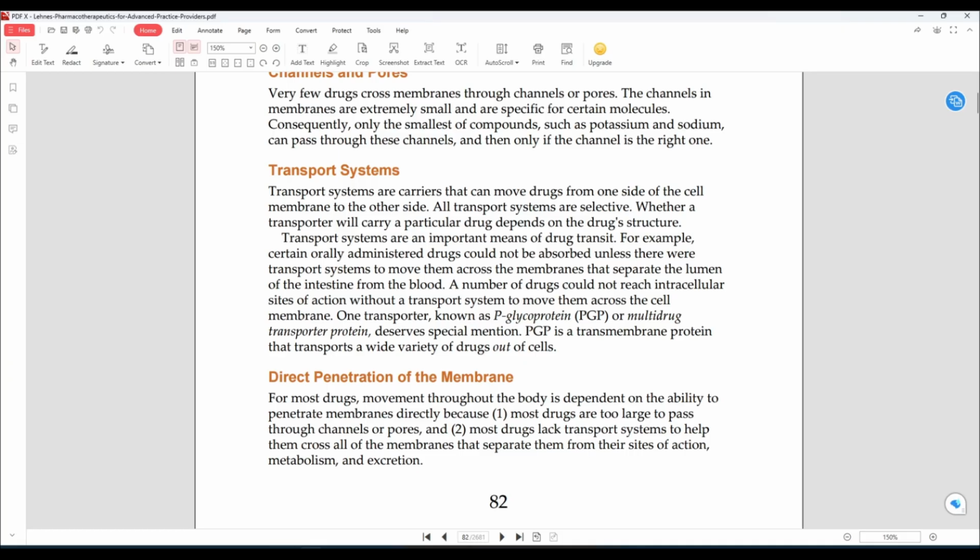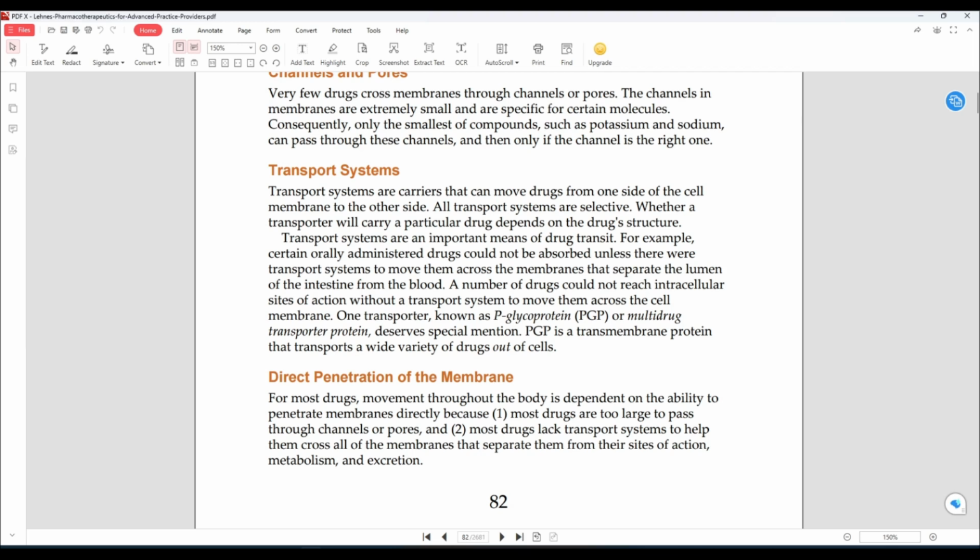For example, certain orally administered drugs could not be absorbed unless they were transported by transport systems to move them across the membranes that separate the lumen of the intestine from the blood. A number of drugs could not reach intracellular sites of action without a transport system to move them across the cell membrane.